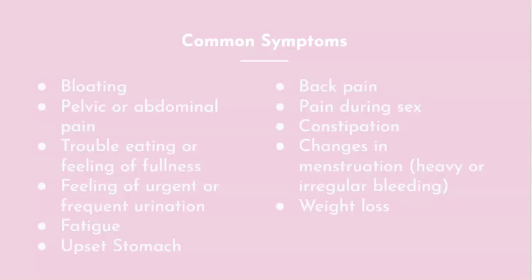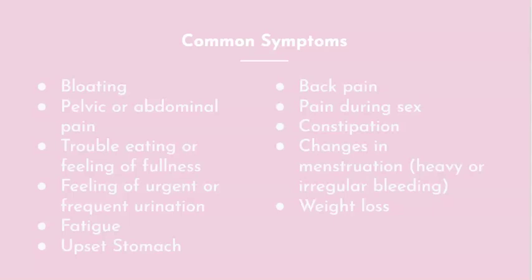First and foremost, the most common symptoms associated with ovarian cancer are bloating, pelvic or abdominal pain, trouble eating or feeling of fullness, feeling of urgent or frequent urination, fatigue, upset stomach, back pain, pain during sex, constipation, changes in menstruation, heavy or irregular bleeding, and weight loss.